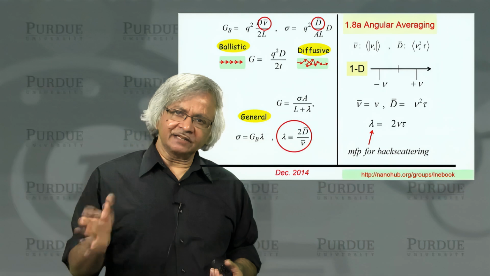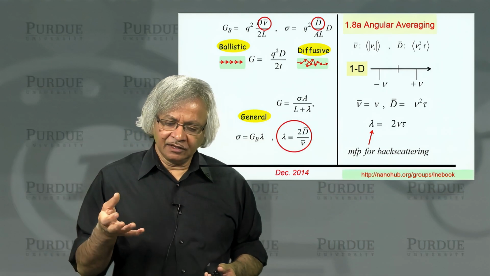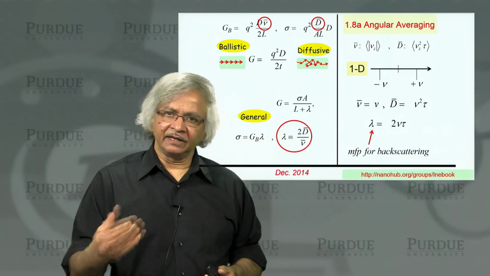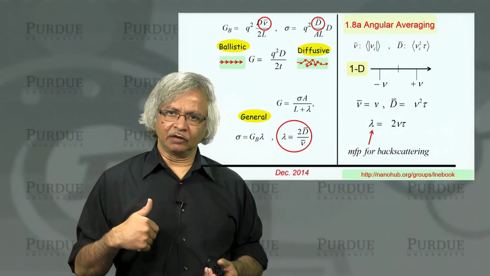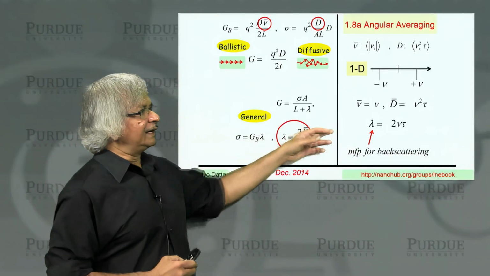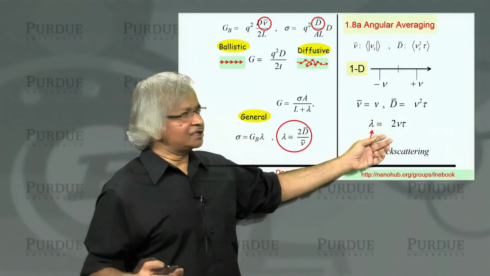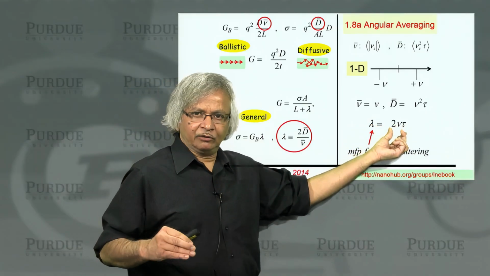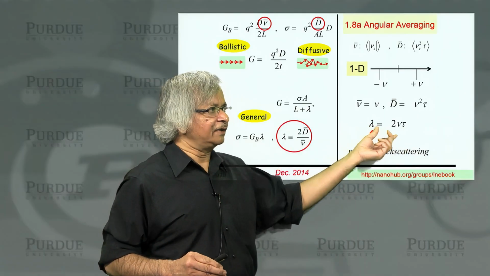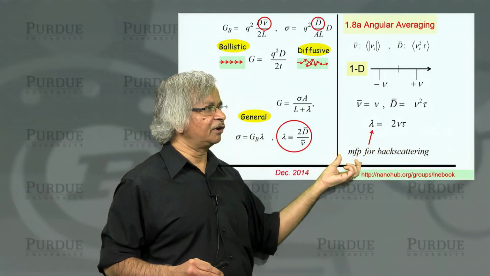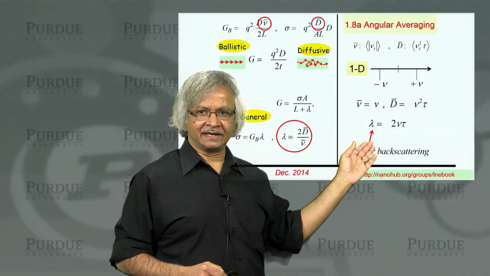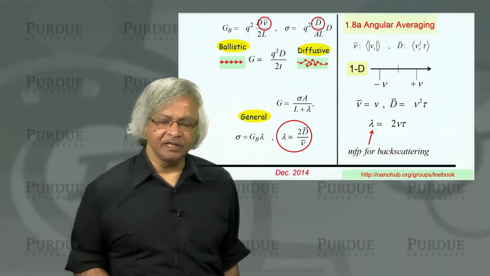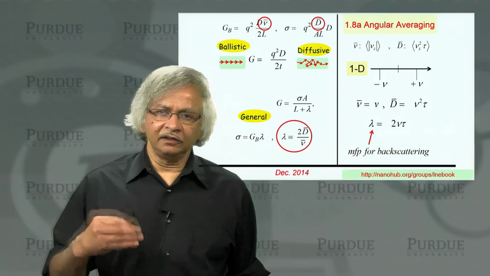So of all the scattering processes, there will actually be half which will keep you moving in the same direction, and the other half which will turn you around. And so the average time for actually getting turned around is not tau, but 2 tau. And so this lambda, 2 tau times v, you could call the mean free path for backscattering. Now the exact factor that appears here, as you'll see, will be different in different dimensions.